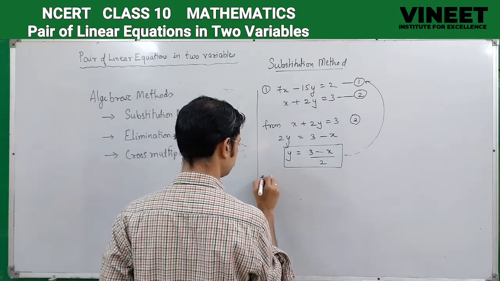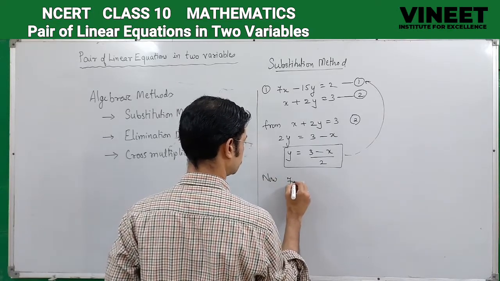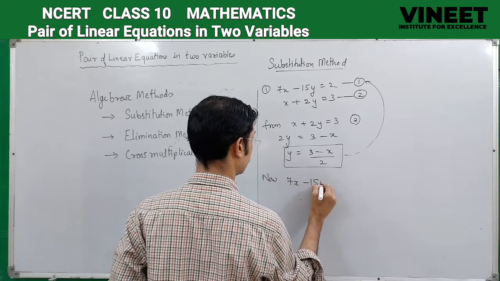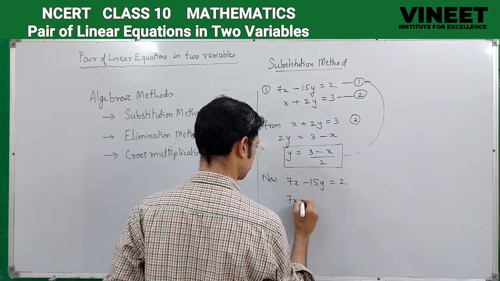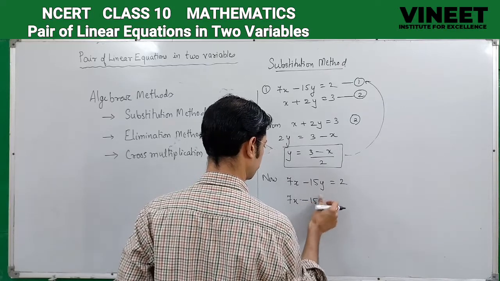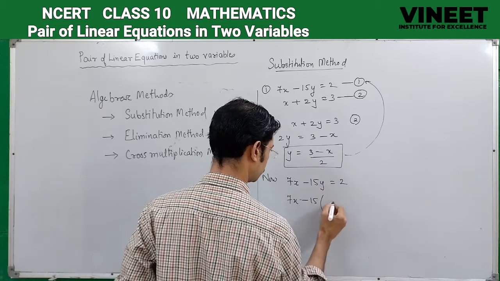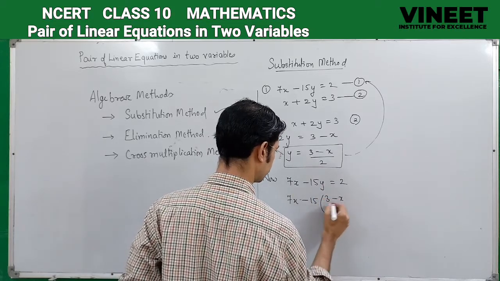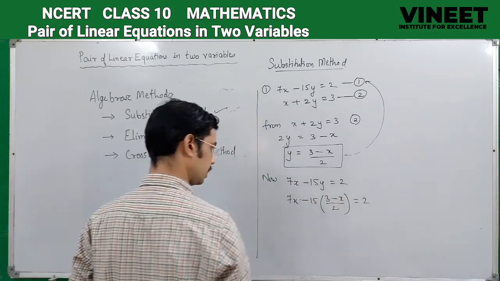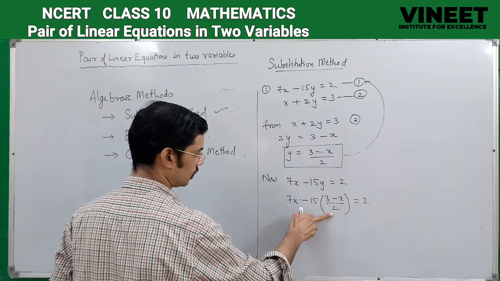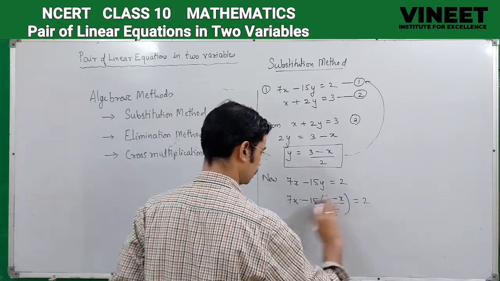Now we will consider the first equation: 7x minus 15y equal to 2. Instead of y, I will place (3 minus x) by 2, and that is equal to 2. Let us simplify first.